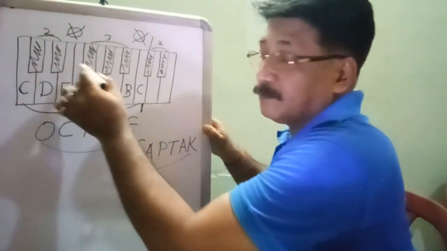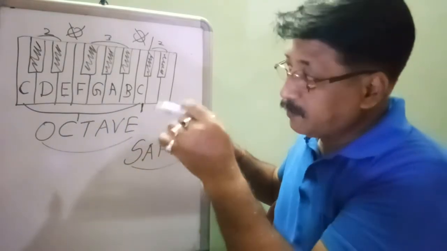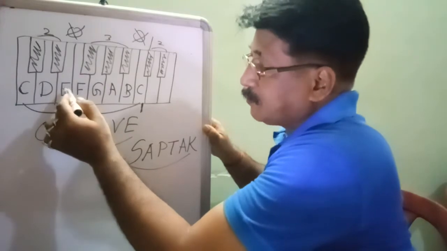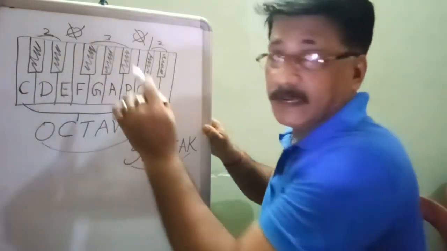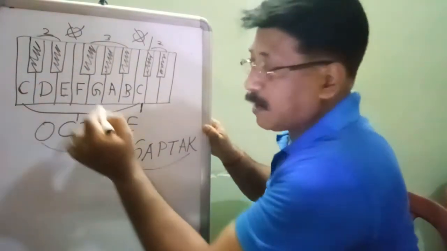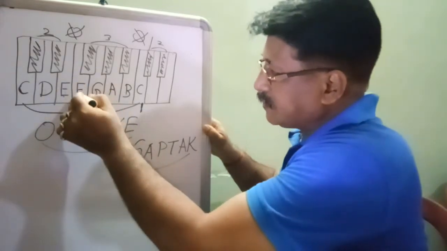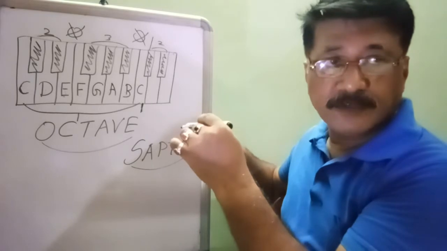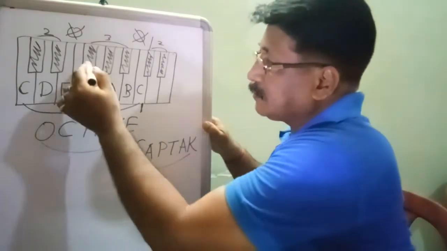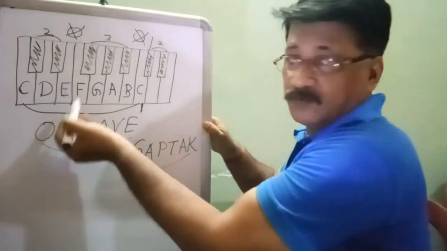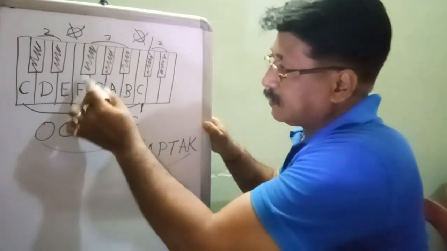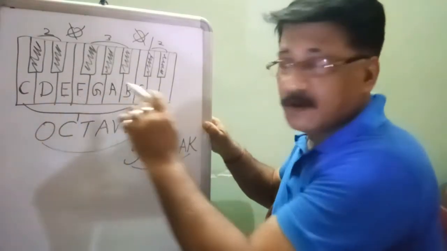This second black key will be considered as Komal Ga. Between Ga and Ma there is no black key, so Ga to Ma is a half note. Then this F is Ma in Indian classical music, and the black key after it is Tibra Ma, a half note higher. Then G is Pa.